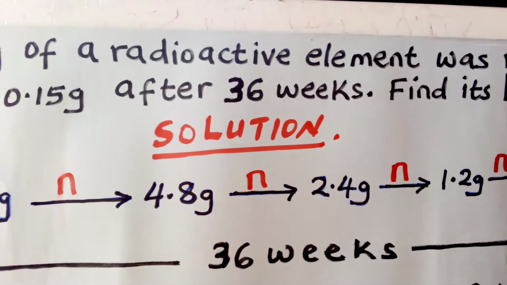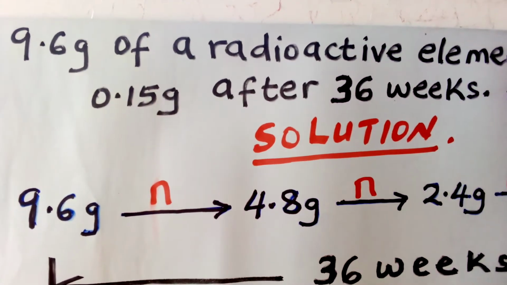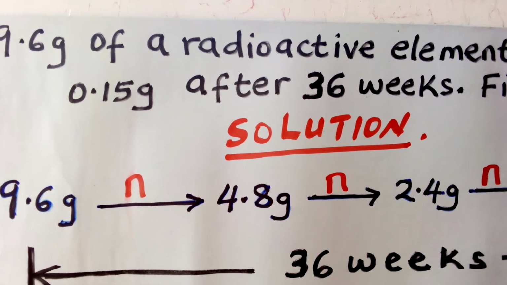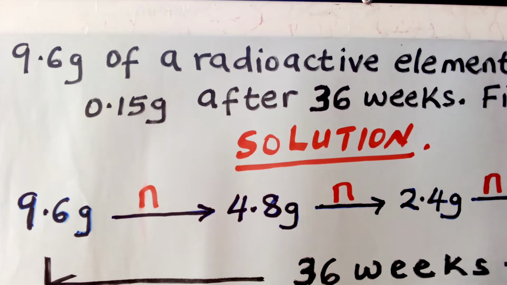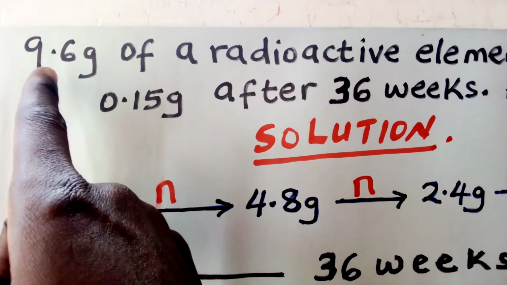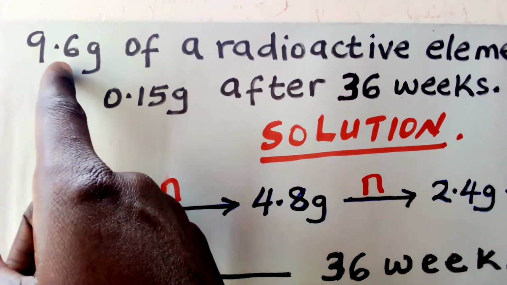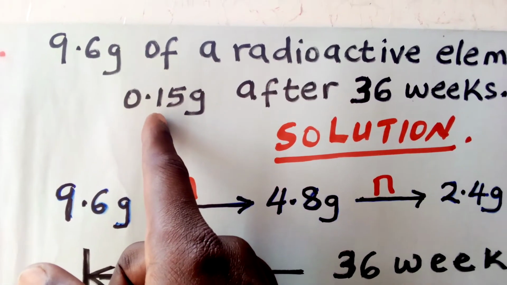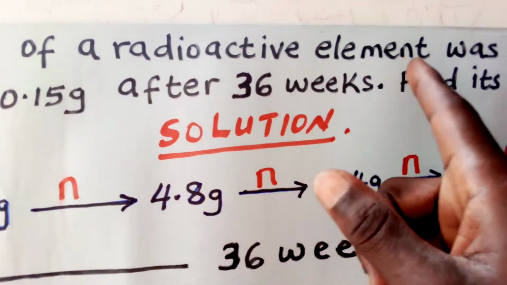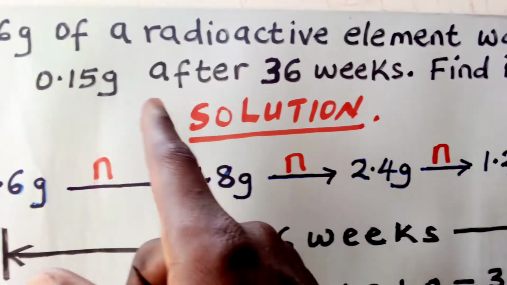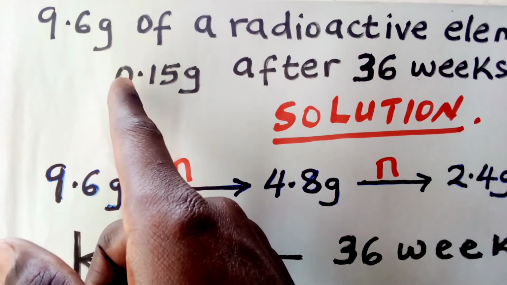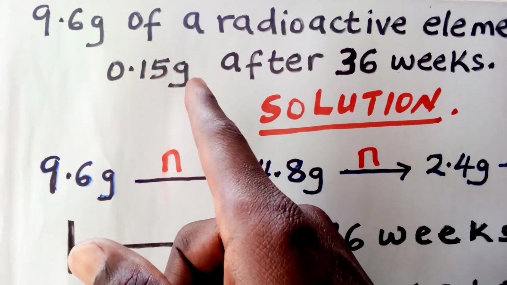So the original mass is given as 9.6 and the mass which is left is 0.15. This mass kept on reducing from this value to this. 9.6 grams of a radioactive element was reduced to 0.15 grams.